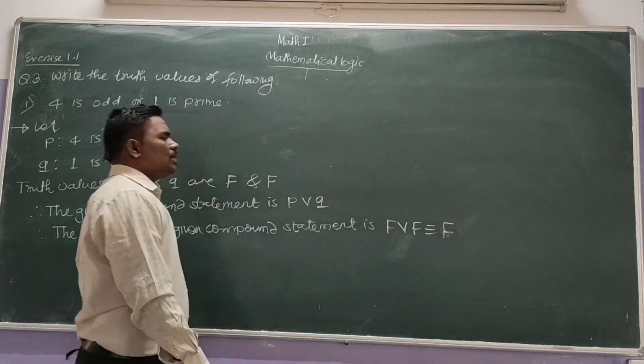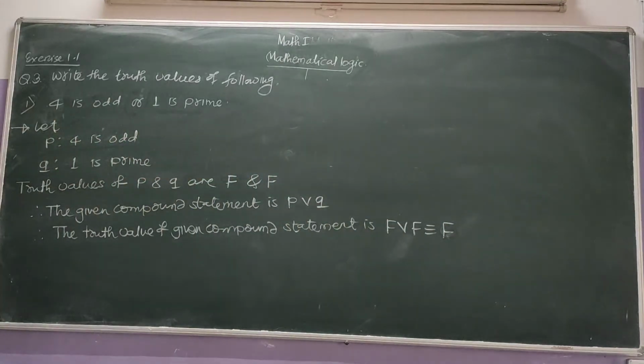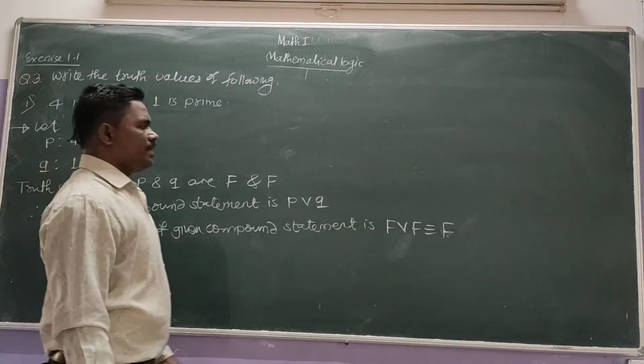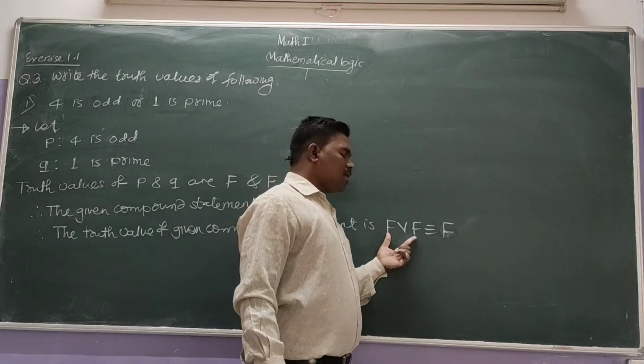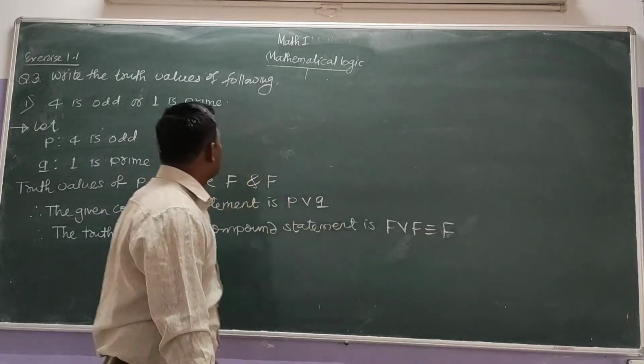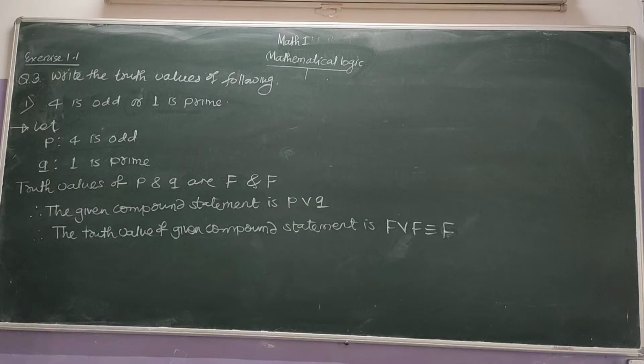We know that in the truth table of the disjunction, if both are false, then it is false. Therefore false disjunction false is false, therefore the truth value of the compound statement is false.